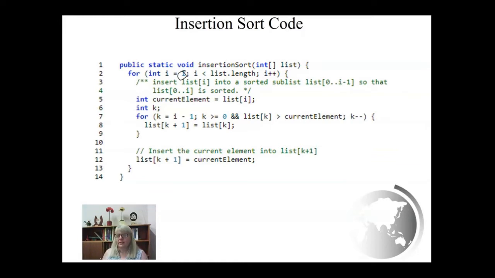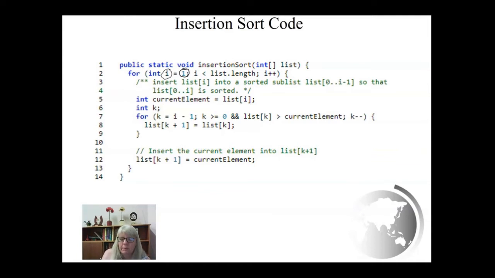At 0, but the outer loop starts at 1 there. Yes, you are right, because it assumes that the first element is sorted. So we are going to insert the ith element in its place. We don't need to insert the first element in its place, it's already sorted.